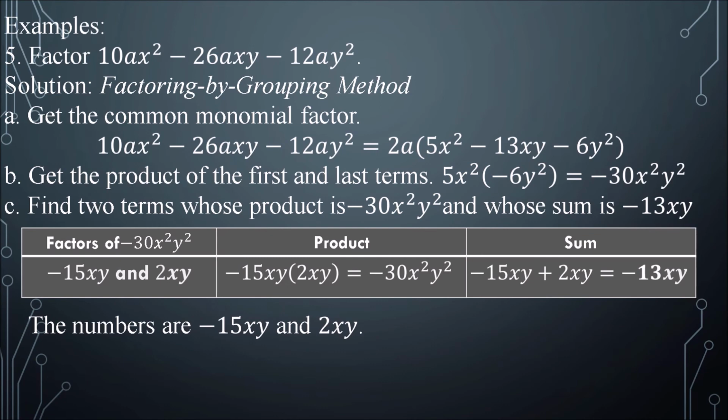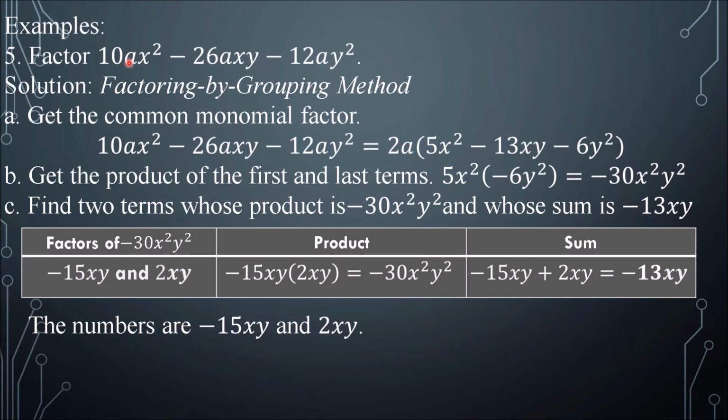Next, we have factor 10ax squared minus 26axy minus 12ay squared. Now, we will use again the factoring by grouping method. First, as you can see, there is a here, a and a. And all the coefficients 10, 26, and 12 are divisible by 2.